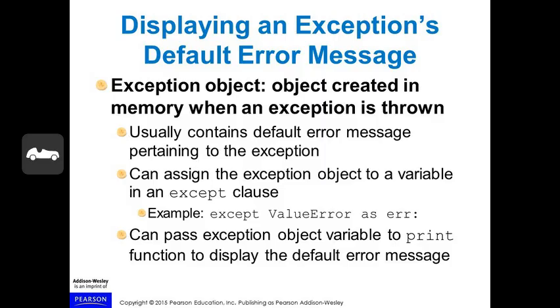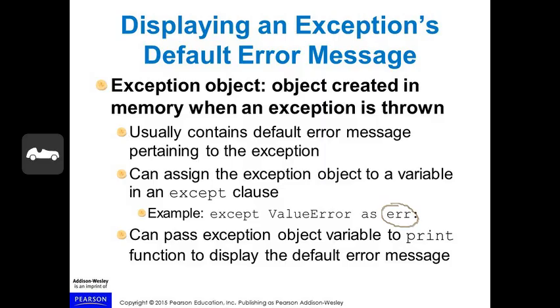When you write an except clause, you can optionally assign the exception object to a variable. So it looks like this: except type of error as err. So this is the exception object. You use a variable err to refer to it, but this is basically just a variable name. You can have your own name that you wish.